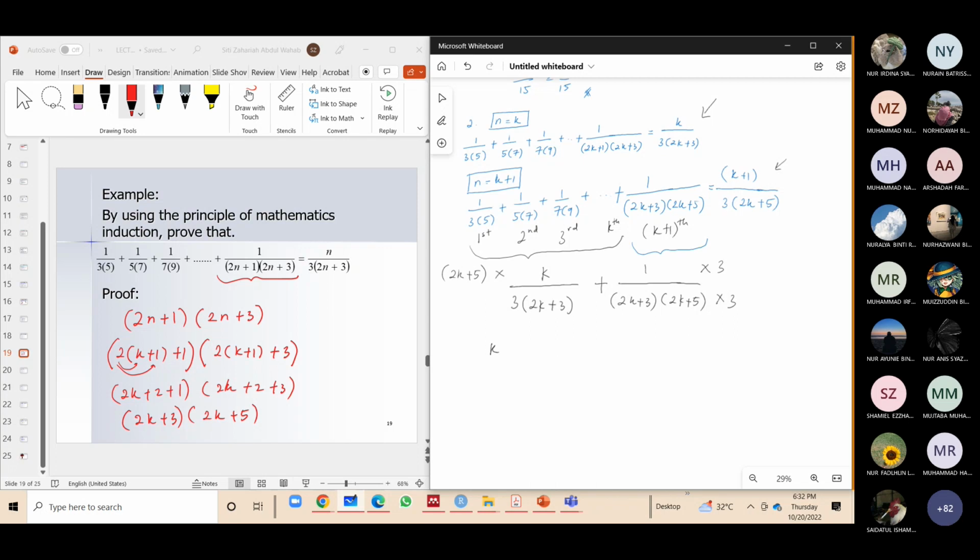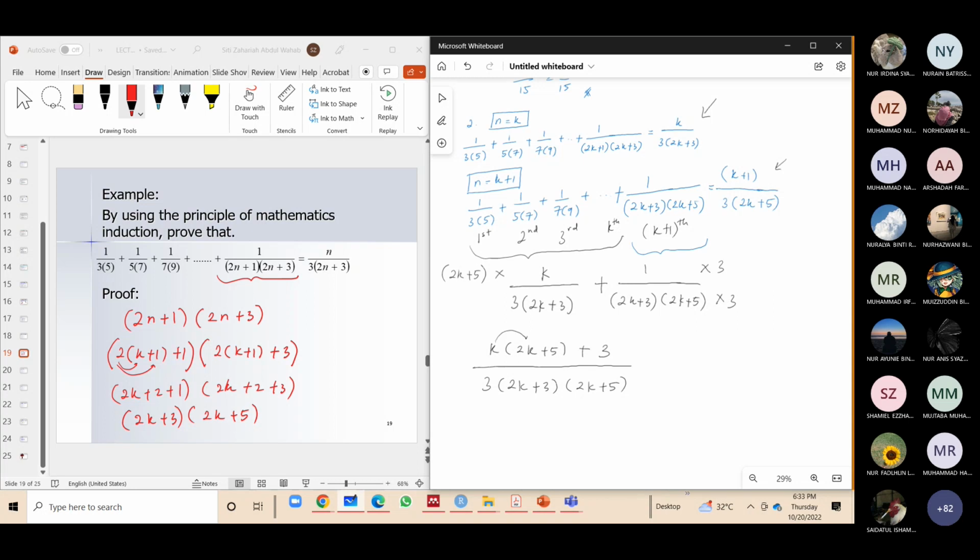So it will be k times (2k+5) plus 3, 1 times 3 is 3, over 3 times (2k+3) times (2k+5). And then, what can we do?